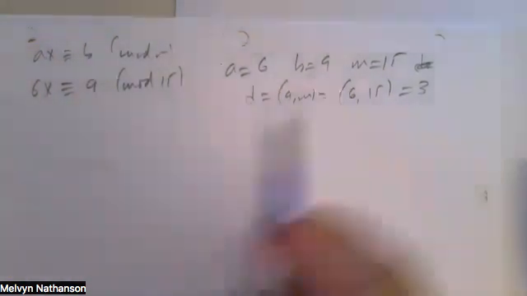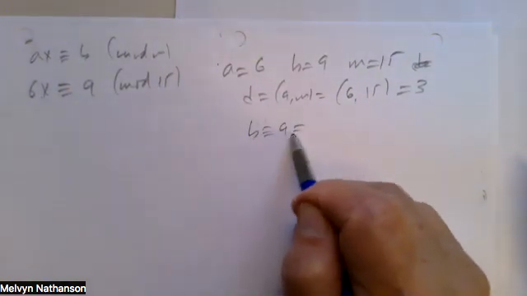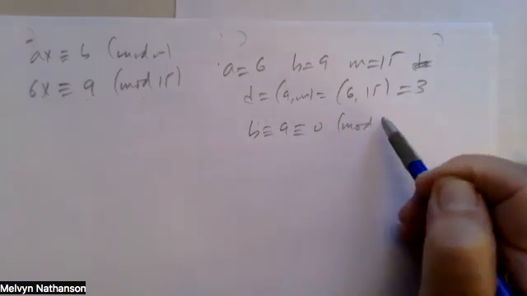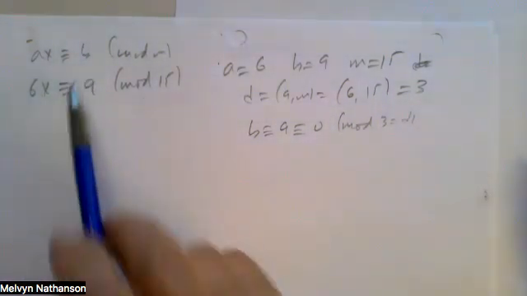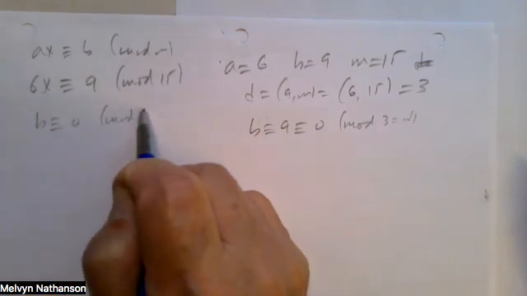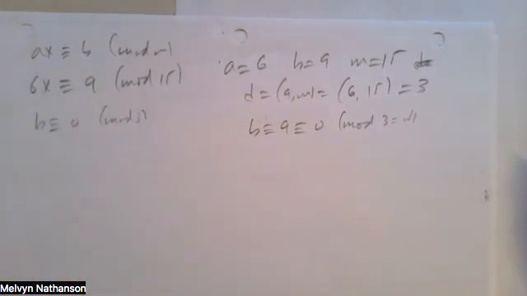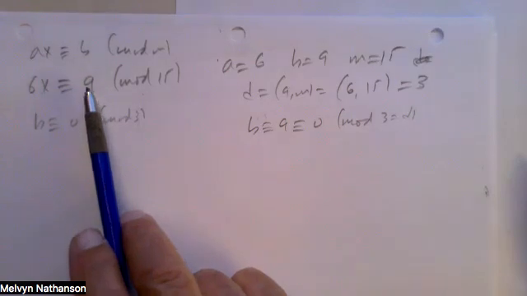And b, which is 9, is congruent to 0 modulo 3, which is d. So this equation has a solution, and I claim it has exactly 3 incongruent solutions.